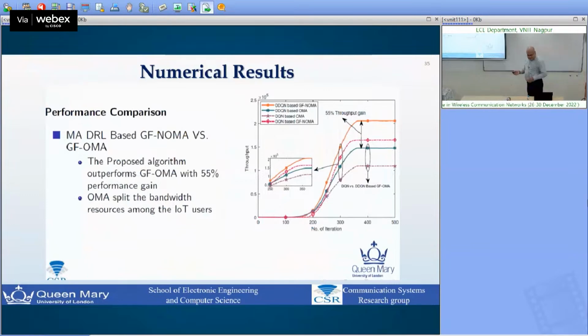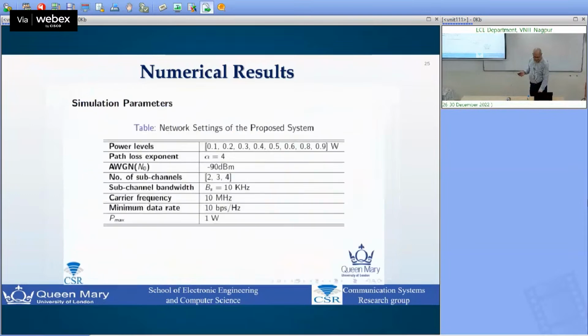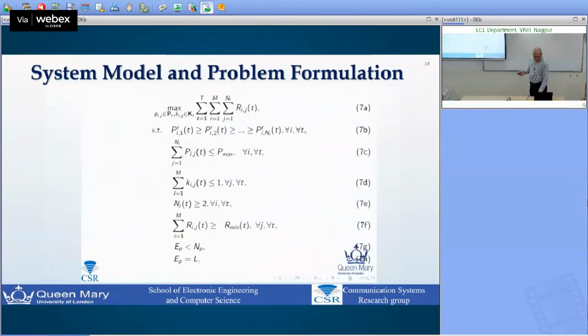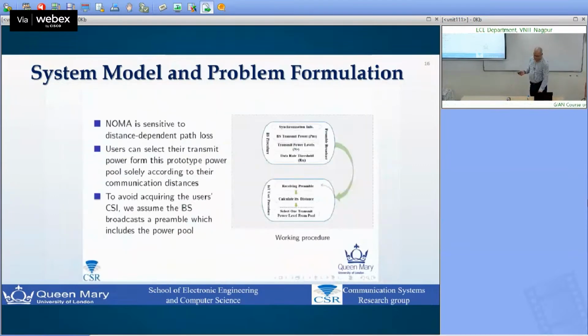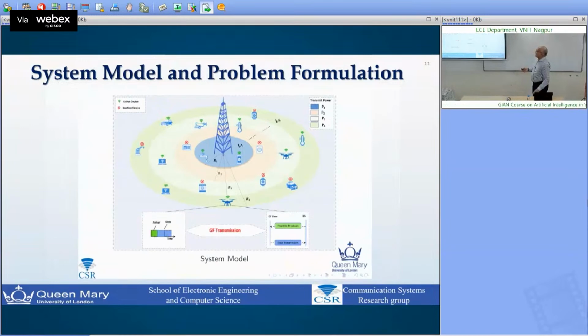Okay, so this is one model that we considered. Here we consider several layers, and the power level and sub-channel selection problem.